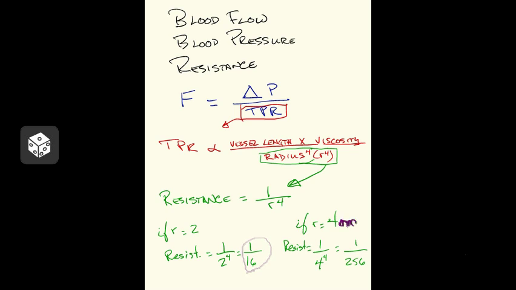The resistance is equal to 1 over 4 to the fourth, or 4 times 4 times 4 times 4, which is 256. And so the larger the radius, the lower the resistance. The smaller the radius, the higher the resistance.